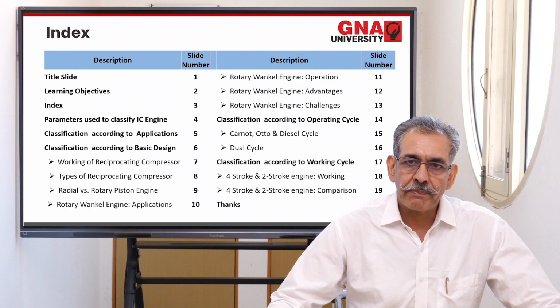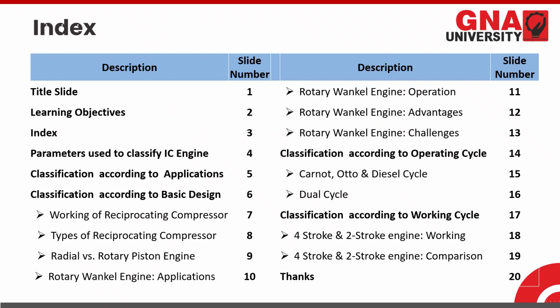In this presentation, we will be having the title slide, learning objectives, index, parameters used to classify the engines, classification according to applications, classification according to basic design, in which we will be covering the reciprocating engines as well as the rotary piston engine.